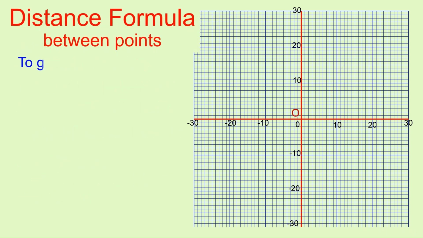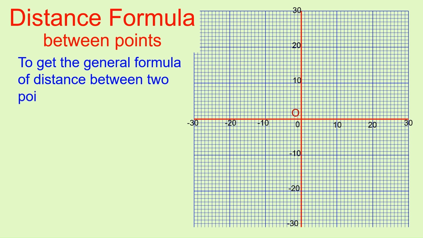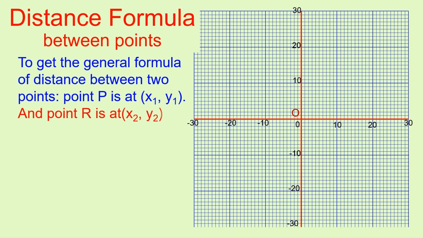Distance formula between points. To get the general formula of distance between 2 points, let point P be at x1, y1, and point R be at x2, y2.